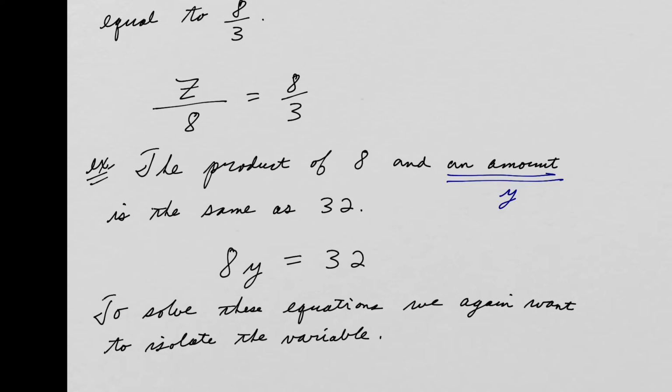Okay, so here's the first example. Let's say I want to solve n divided by 9 is equal to 3, right? I want to solve that for n. Okay, since n is being divided by 9, how do I undo that?